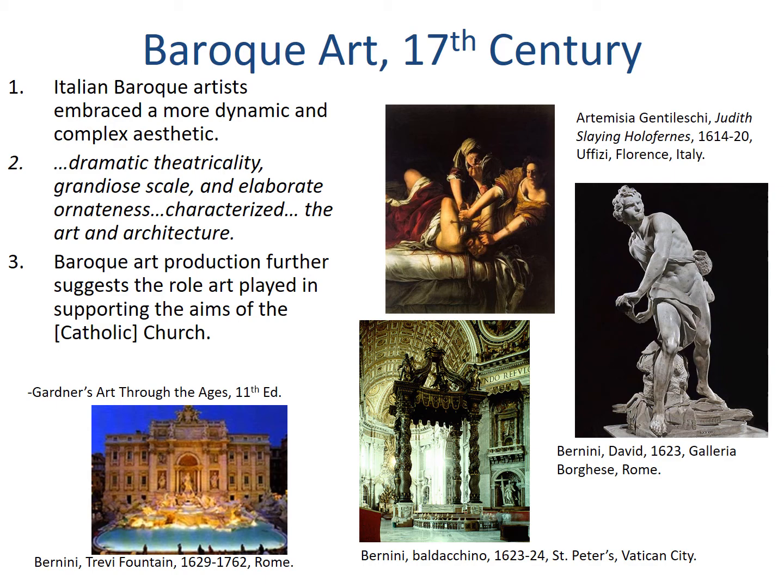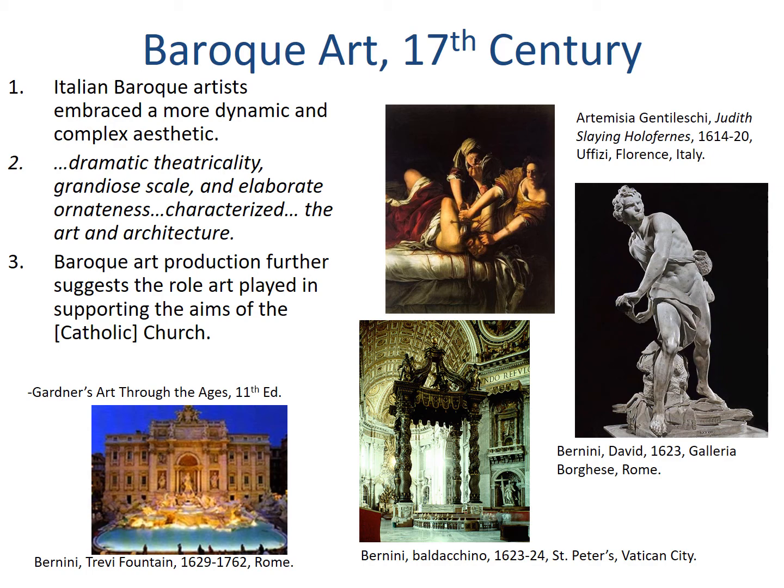In your face, big, wild use of colors, wild emotion being shown. Baroque art production further suggests the role that art played in supporting the aims of the Catholic Church as well. Grandiose glory, lots of gold, almost gaudy, if you will, emotion, color, you name it.